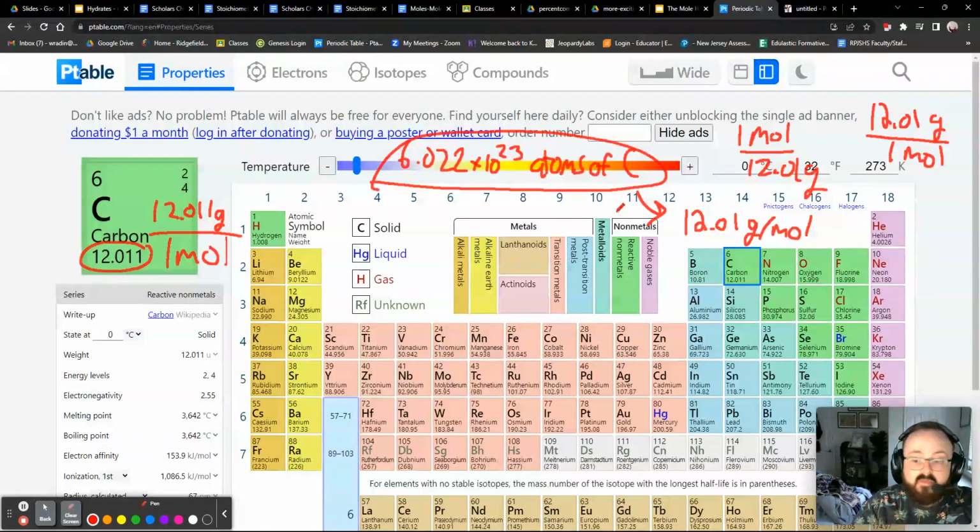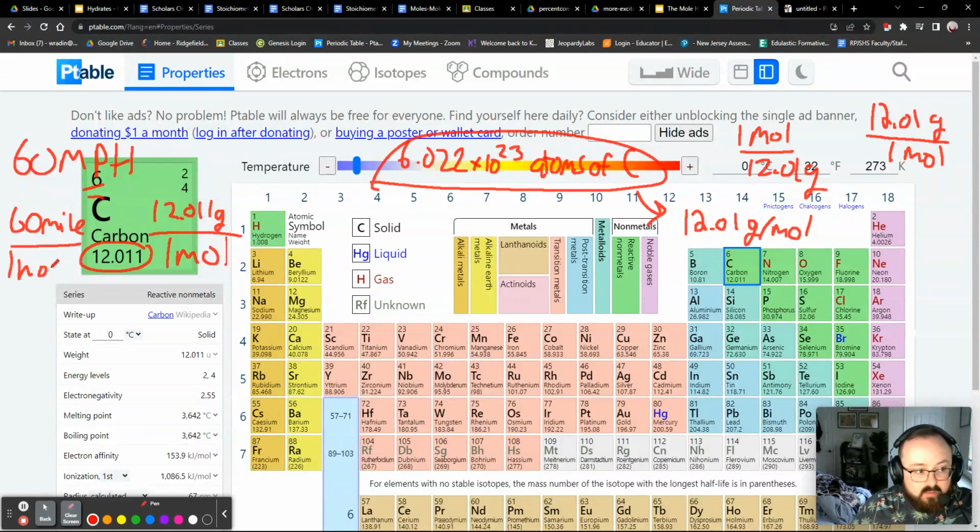Alright? And whenever I say grams per mole, the example that is always the most relevant to a lot of you, as you're taking driver's ed, is miles per hour. If I'm going 60 mph, that's 60 miles in 1 hour. Per is usually divisible by 1. So 60 miles per 1 hour.